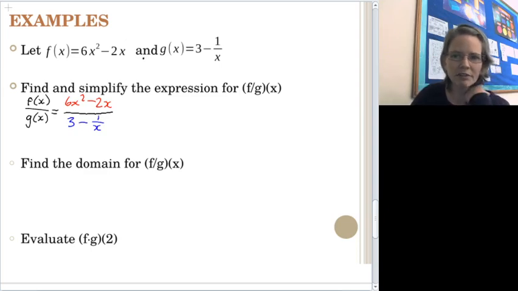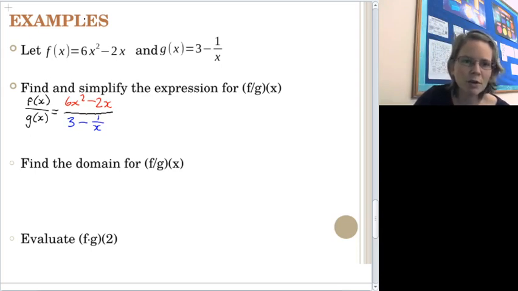And to simplify this expression, I need to get rid of this extra fraction in the denominator. Remember that we get rid of the fraction over a fraction by multiplying top and bottom by your least common denominator. In this case, that's my x. So I'm going to multiply the top by x and multiply the bottom by x. And when I do that, I need to distribute.